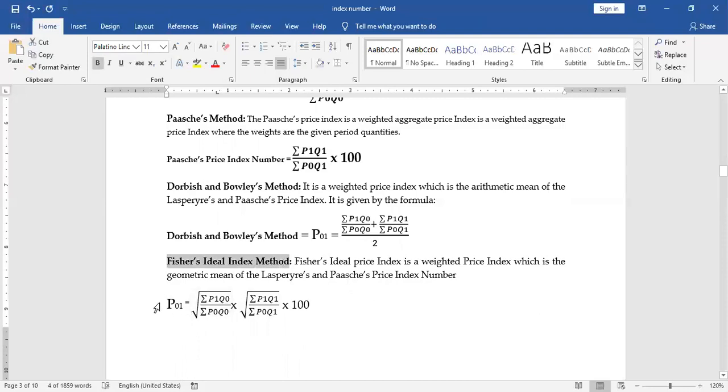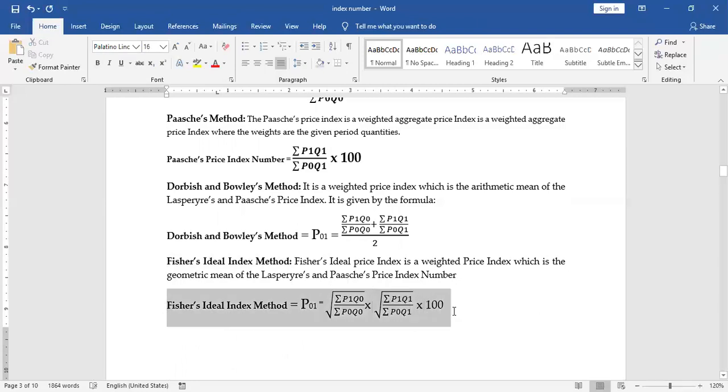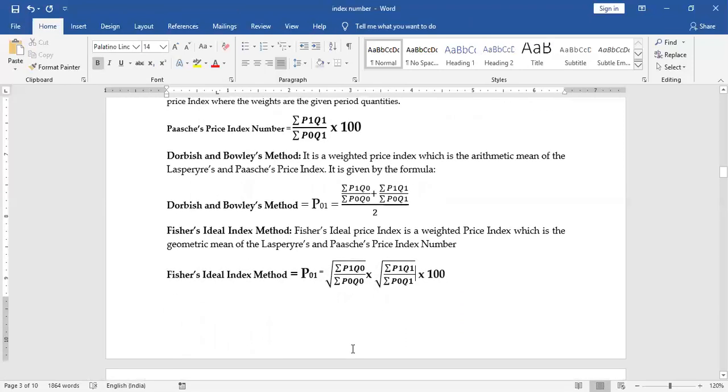The formula is the root of sigma P1 Q naught divided by sigma P naught Q naught, into sigma P1 Q1 divided by sigma P naught Q1, into 100.